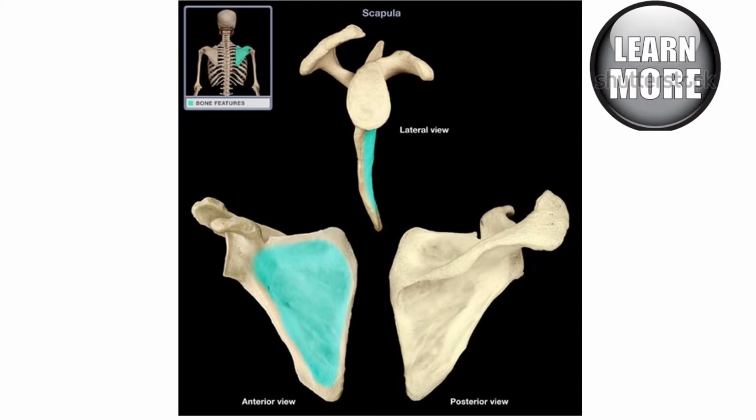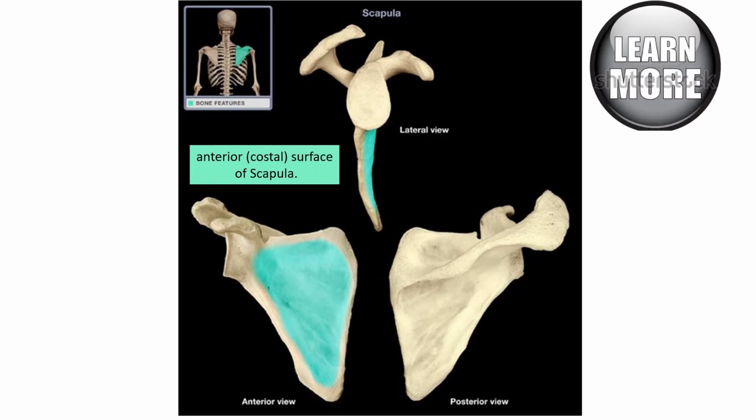Now, in this view, the lower left, we cannot see whether this is depressed or not. But if we look at the upper image of the scapula, the lateral view, we can see that it is depressed.